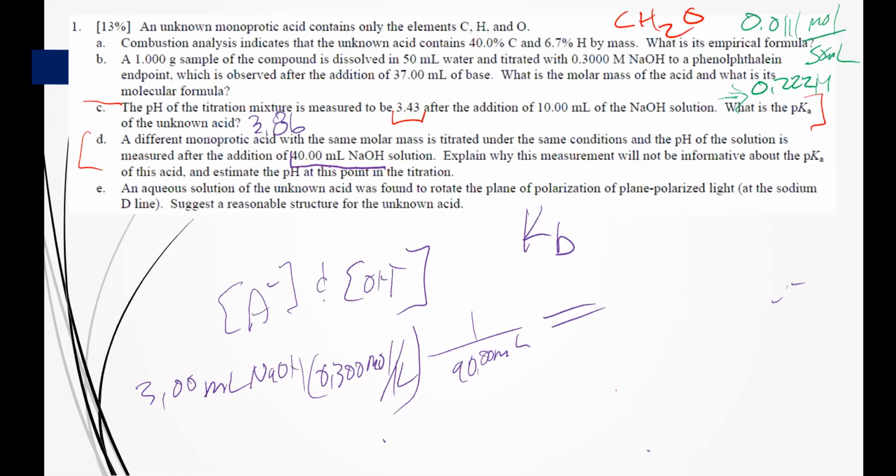So we can figure out our concentration of hydroxide by taking 3 times 0.3 divided by 90. And then we can take the negative log of it to find our pOH. And so what should its pH be at 25 degrees Celsius?